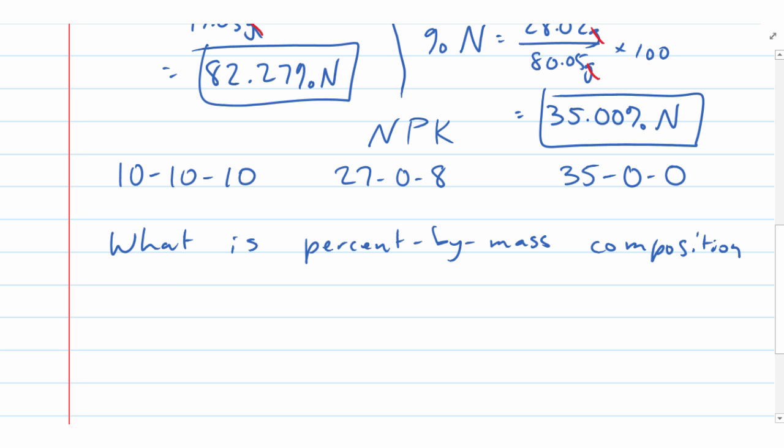And since we started with ammonium nitrate, let's continue with ammonium nitrate. Now you notice in this one, we've not specified an element. If we don't specify an element and we want to know the percent by mass composition, we then calculate the percentages for all of them.